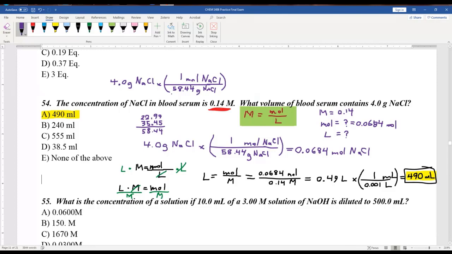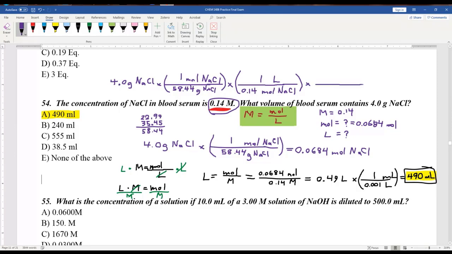And then I will go ahead and convert moles of NaCl to liters using the molarity, because molarity means moles per liter. So anytime I see 0.14 molar, that's 0.14 moles per 1 liter. Or if it's 5 molar, it's 5 moles per 1 liter. It's always per 1 liter when you're given the molarity. So 0.14 moles is going to be equal to 1 liter.